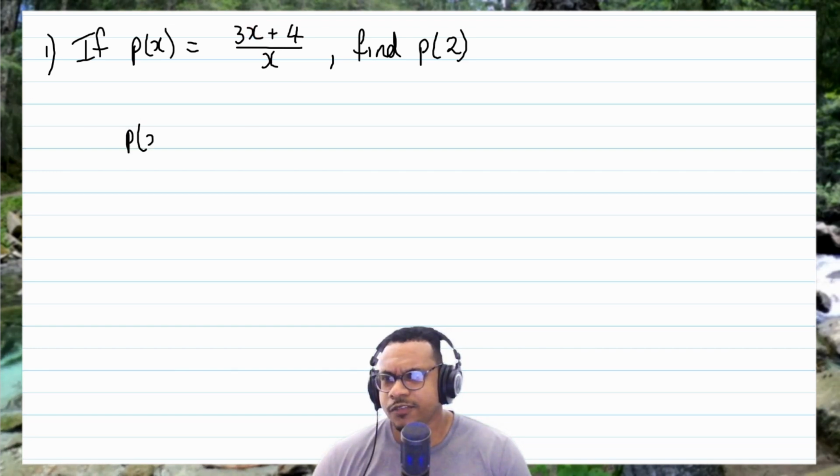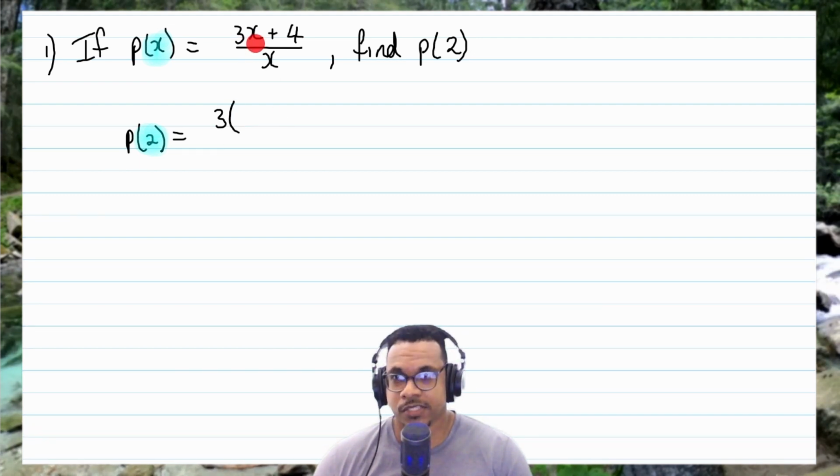So I'll write p of 2 is equal to 3 open brackets, and that's because 3x means 3 multiplied by x. So replacing x with 2, so that'll be 3 multiplied by 2, plus 4 divided by x, and replace the x with 2.